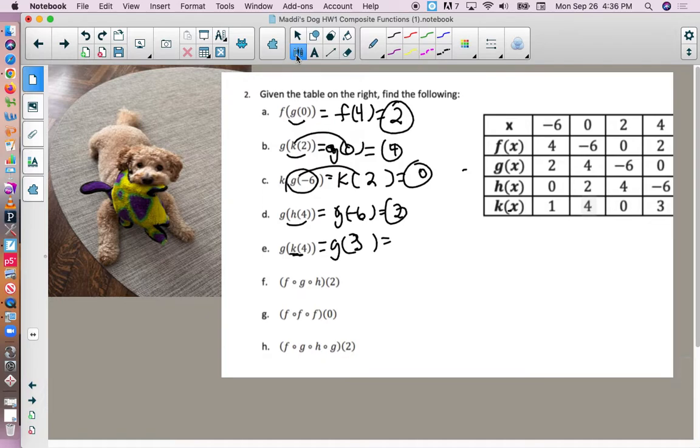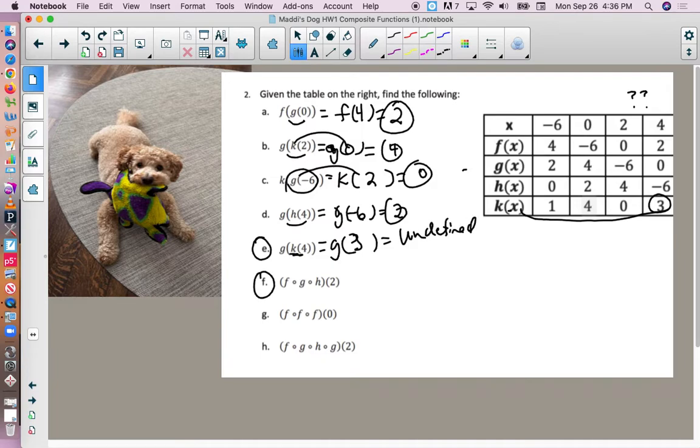So we'll come back to E. Let me rework it to make sure I've done it right. k of 4 is 3. And then I've got to find g of 3, which they don't tell us what it is. We might be able to estimate, but we really don't know enough information. It could be anything. So let's just call that one for right now undefined.